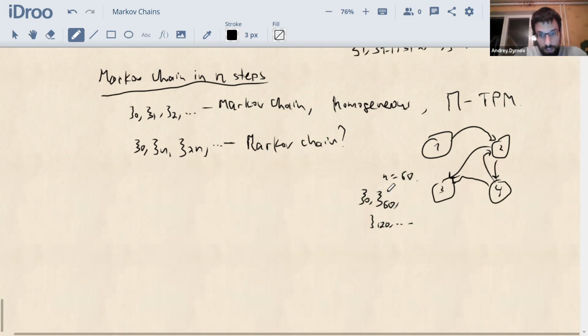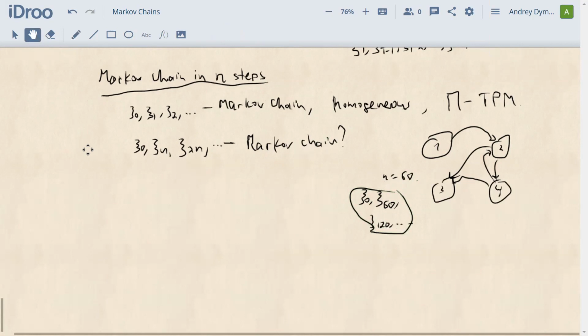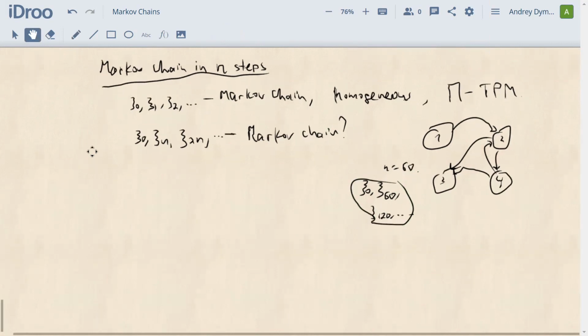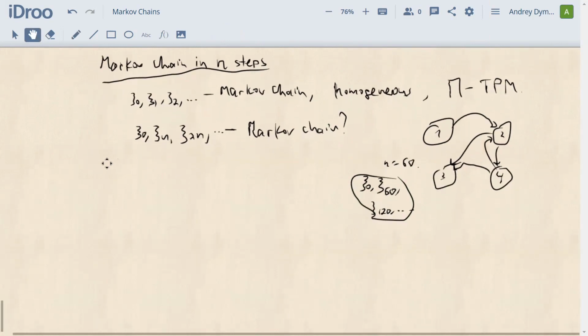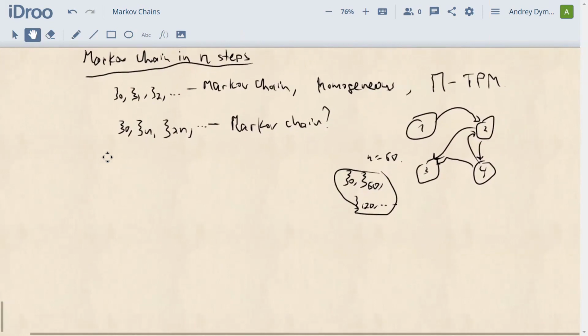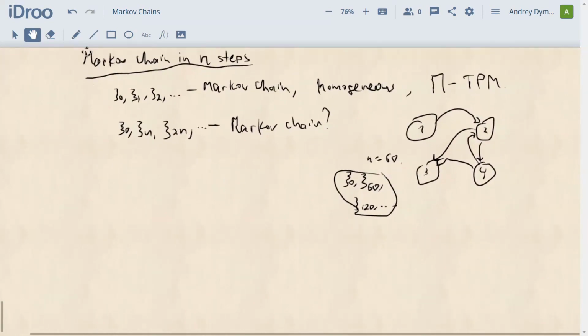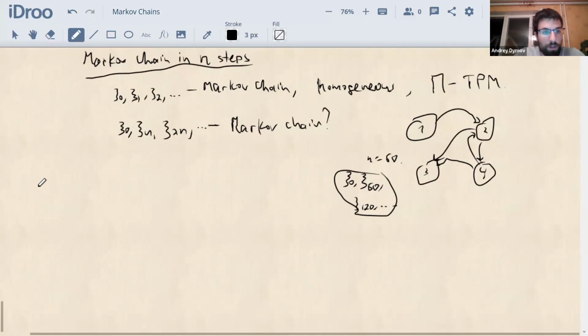What can I say about this stochastic process? Should it be a Markov chain or not? Well, then your transition probability matrix will be pi in the power of n. Exactly, this is absolutely correct.